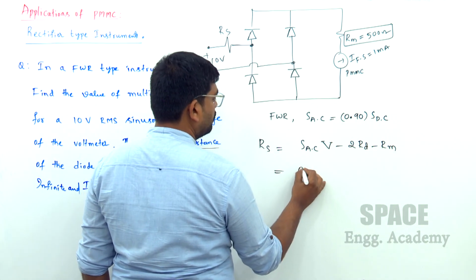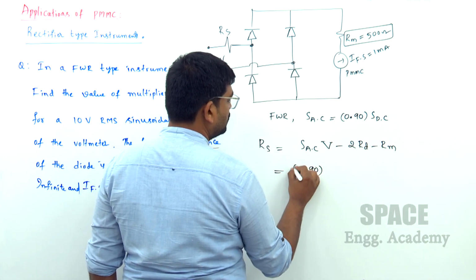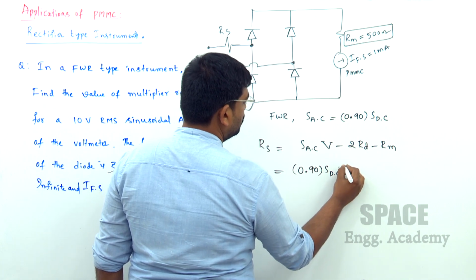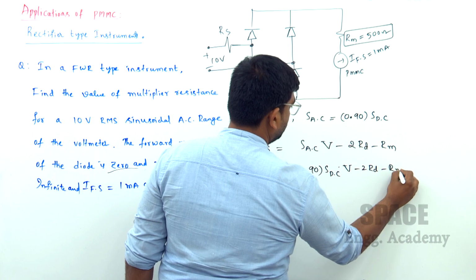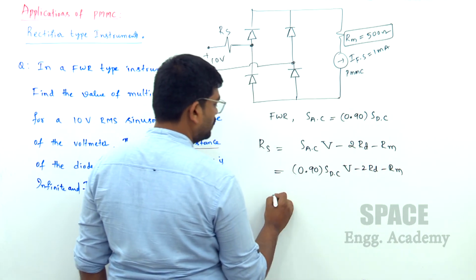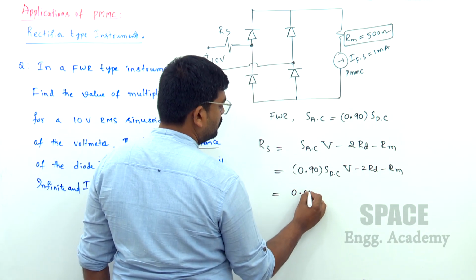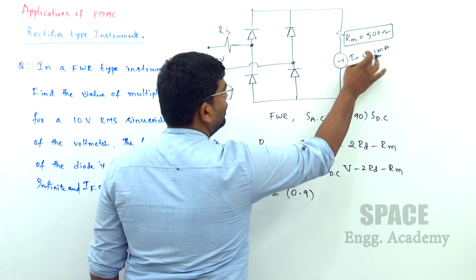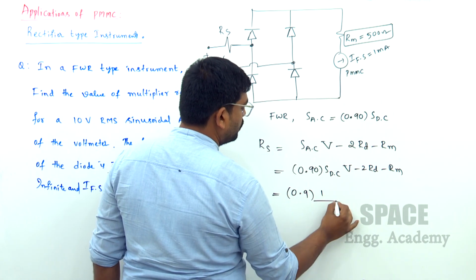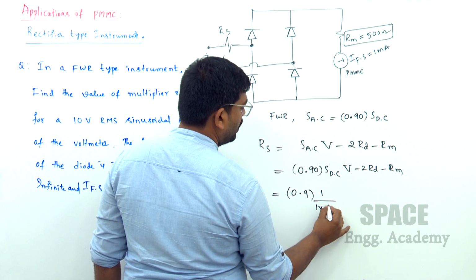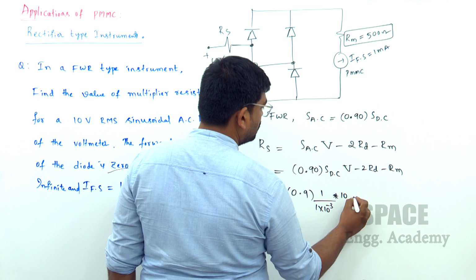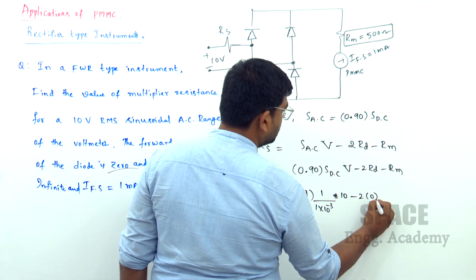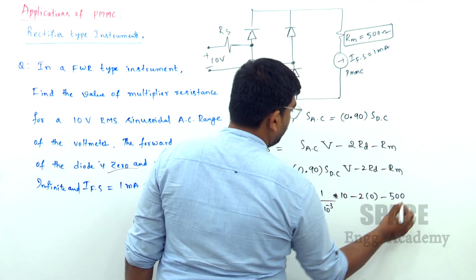So, replace here 90% of DC sensitivity into RMS minus 2RD minus RM, right. So, 0.9 into DC sensitivity is what? Reciprocal of full scale deflection. So, 1 by 1 into 10 power minus 3. What is the supply voltage? 10 volts minus 2 RD is given 0, RM is given 500 ohms.